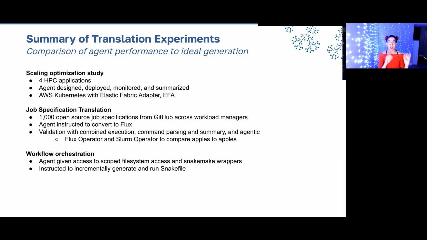And then we could use the Flux operator and our Slurm operator, meaning we have Flux running in Kubernetes and Slurm running in Kubernetes, and we could actually compare them side to side, apples to apples. Because before, we initially would use a Slurm VM-based approach in the cloud, but we thought that this was more fair, running in pods in Kubernetes. So that was the job specification translation and translation performance study.